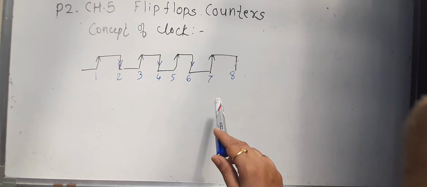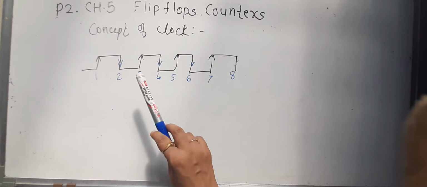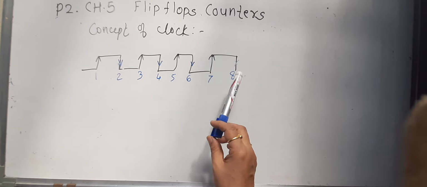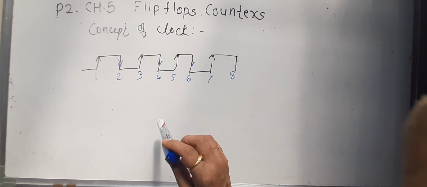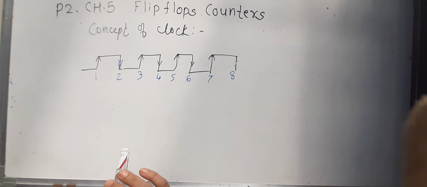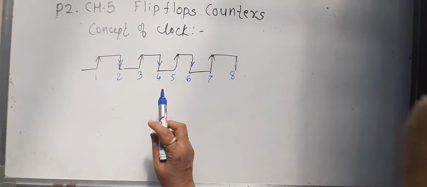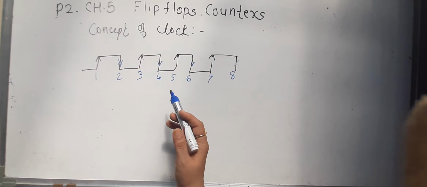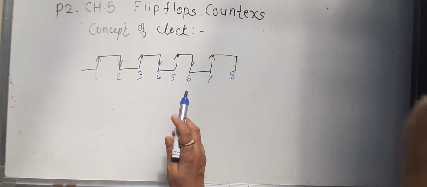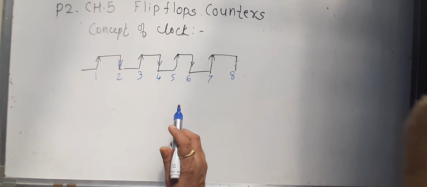So to synchronize all the actions, all circuits are given clock pulses. In logic circuits, a flip-flop changes its state only when the clock pulse is high. When the clock pulse is low, the flip-flop is not able to change its state and it remains in its last state. This mode is known as disable mode.